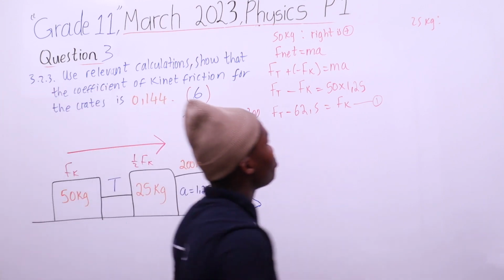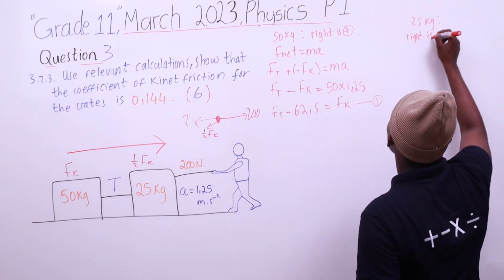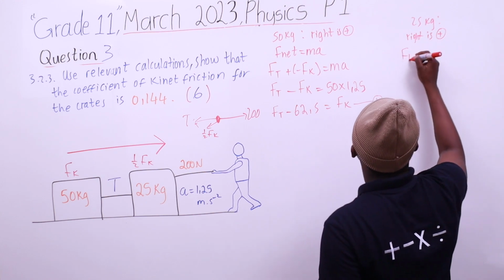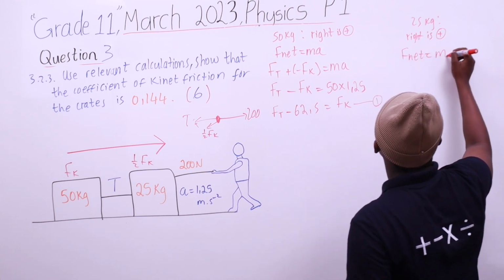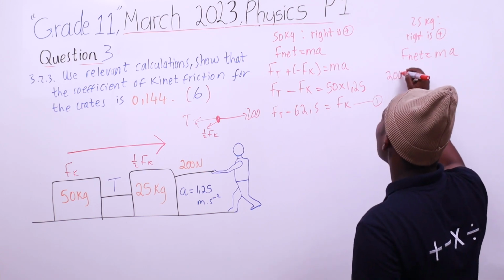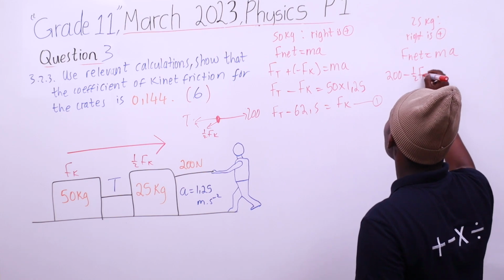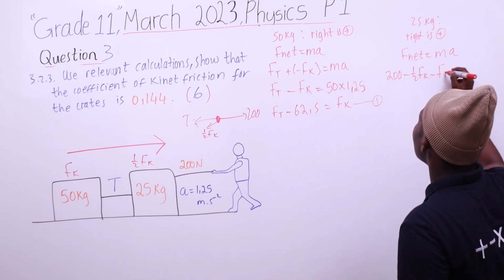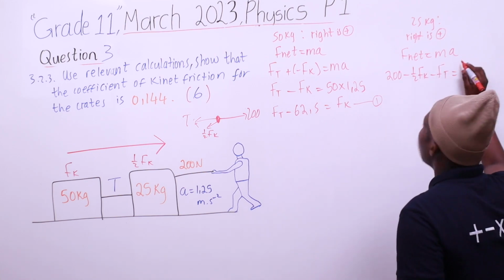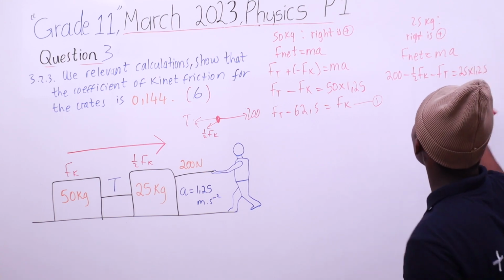So again nala, so choose rise is positive. F net is equals to ma. So we should go 200 newtons minus 1 over 2 fk minus ft is equals to 25 manje times 1,25.